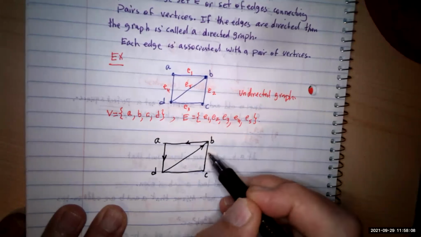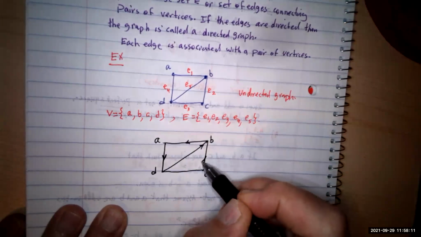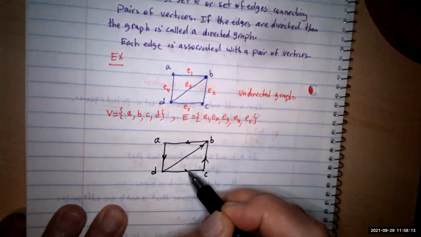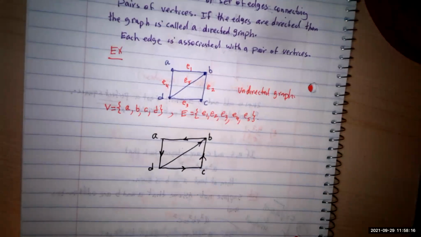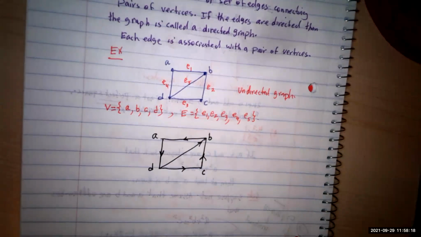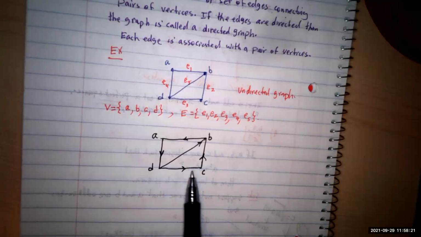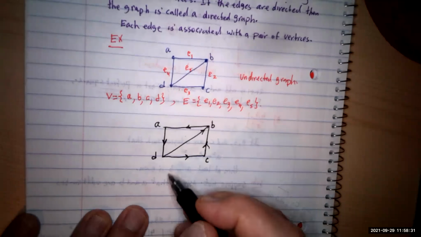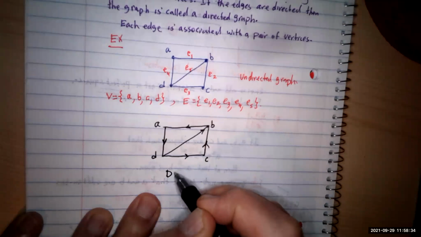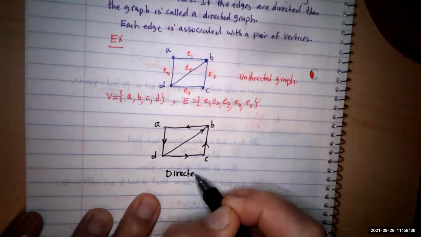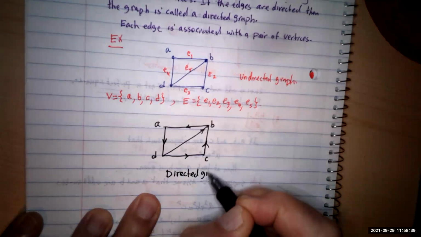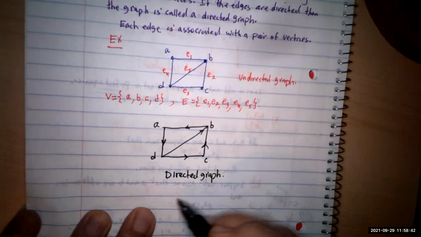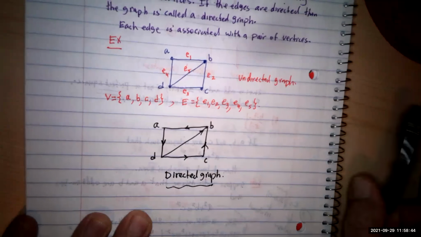So in this case, when you want to talk about the edges, you have to tell us this edge is going to be DC, between D and C. And this one is between C and B. So just go with the direction. This is what we call a directed graph, and the other one is an undirected one.